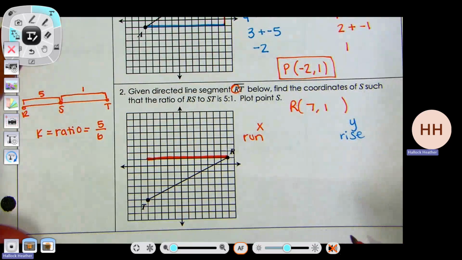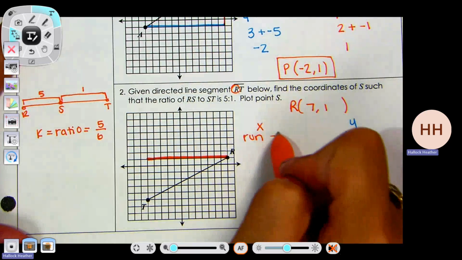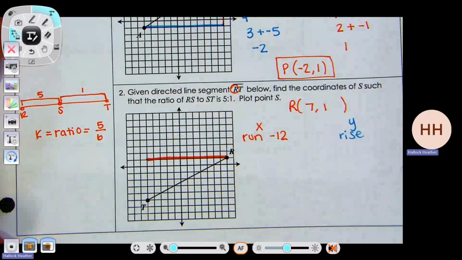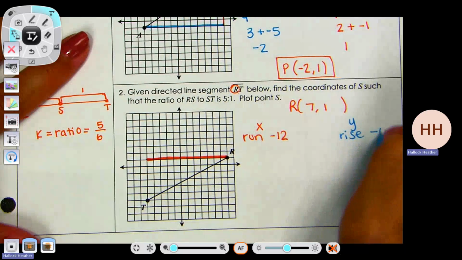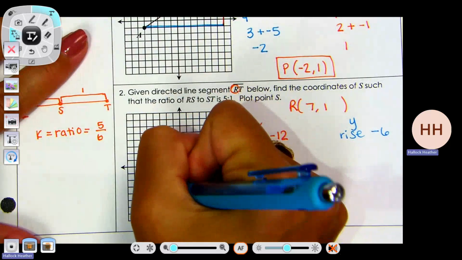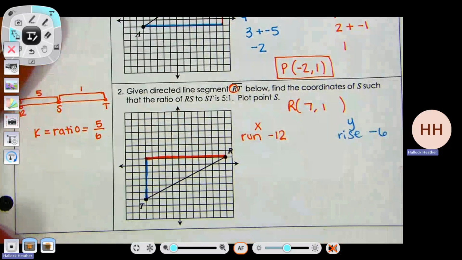And since I went left, I'm going to say -12, because going left is going backwards, which is negative. How much did I have to rise, or how much did I have to go down? 6, so -6.